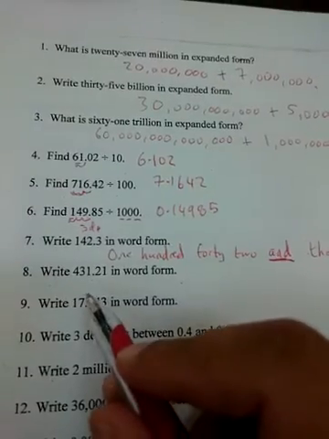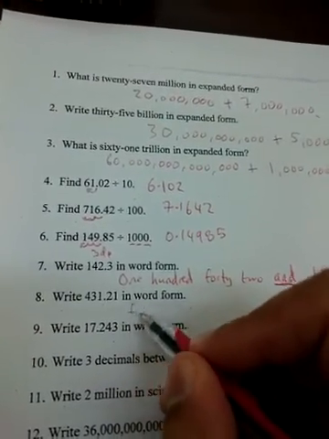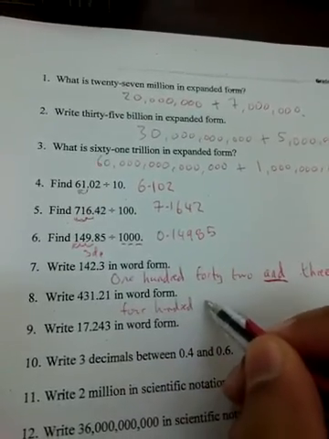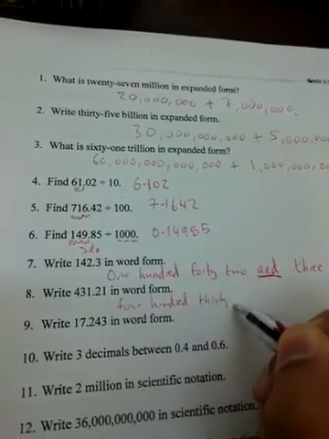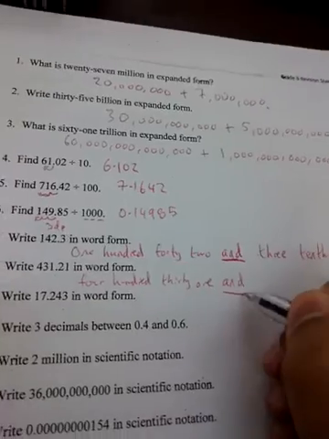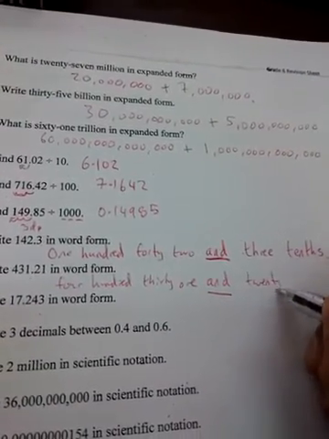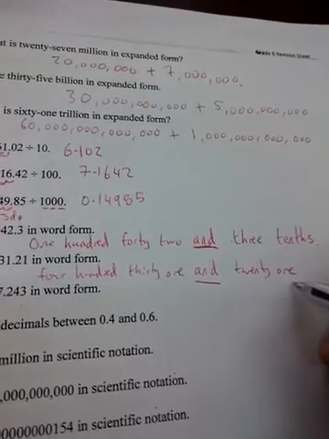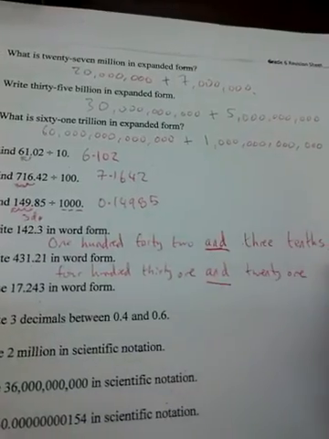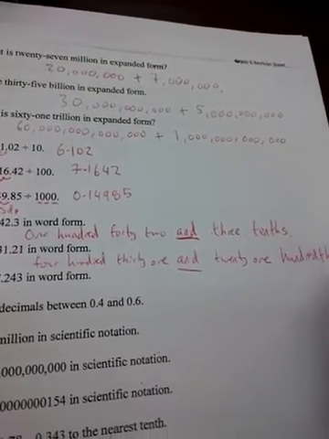And again, in question 8, we'll show you it's 431, and being the keyword now for the decimal place, 21, and this time it's in the hundredths place, so we write hundredths.